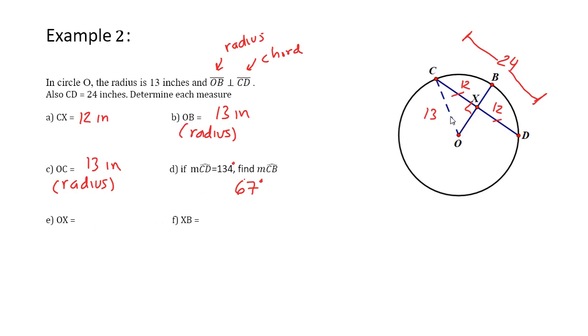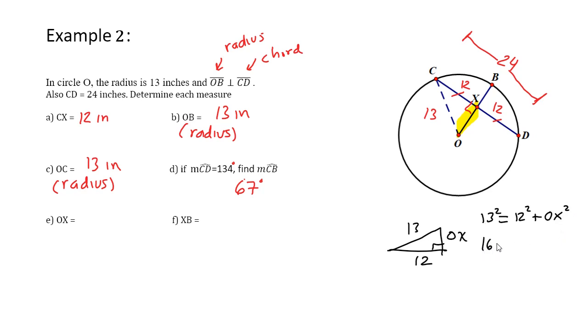OX is this part here, and that is part of a right triangle. Okay, so I have the right triangle where the hypotenuse is going to be 13, one of the legs is 12, and this is basically OX. So I can go ahead and apply the Pythagorean theorem that says that the hypotenuse squared is going to be equal to 12 squared plus OX squared.